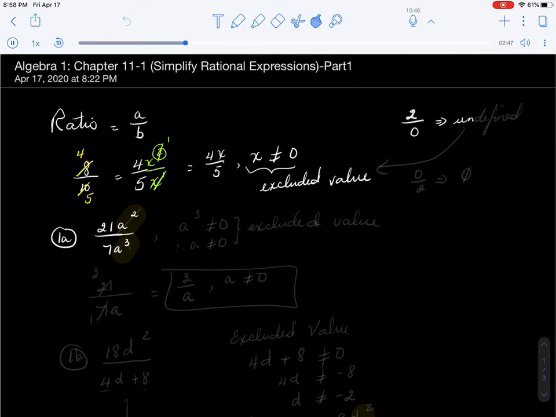This is undefined. That is the reason we are bringing in excluded values. You don't want the denominator to be 0. It's okay for the numerator to be 0, but it's not okay for the denominator to be 0. At this point, I want to set my exclusion as a to the third cannot equal 0. Therefore, a cannot equal 0. That's my excluded value.